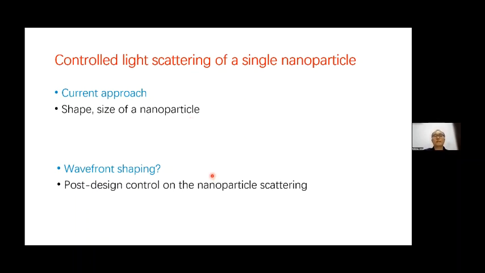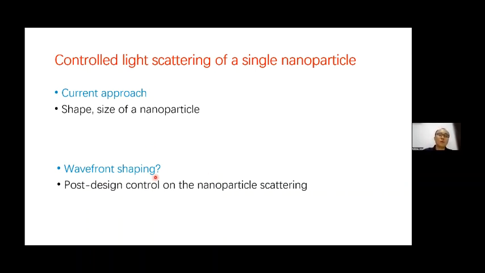Here, we consider the question from a different perspective. We assume that we have a nanoparticle at hand, and we want to control light scattering by this particular nanoparticle. In this case, we cannot modify the size or change the shape of the nanoparticle, but what we can control is the wavefront of the incident light.